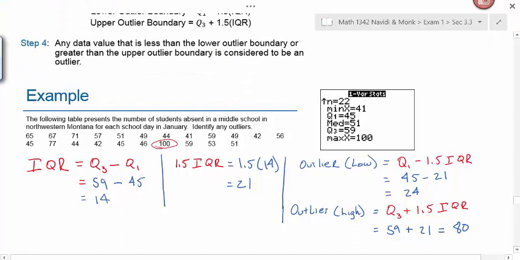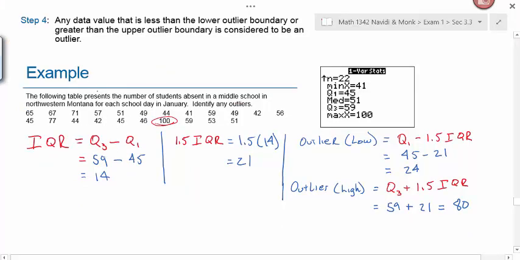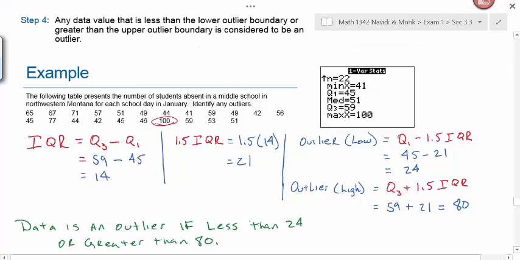That means that this number right here is an outlier because it's above 80. It's bigger than 80. Is it the only data value bigger than 80? Yes, it is. So we only have one outlier in this set of data. So for this particular problem, your data value is an outlier if it's less than 24 or greater than 80. That means that 100 is an outlier.